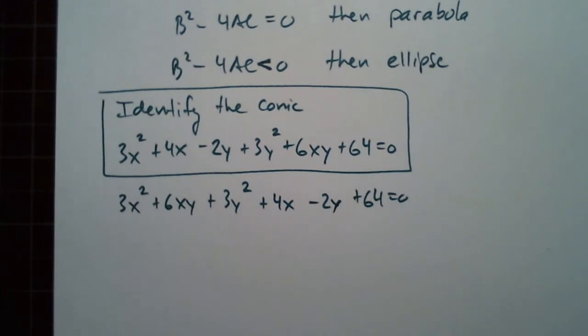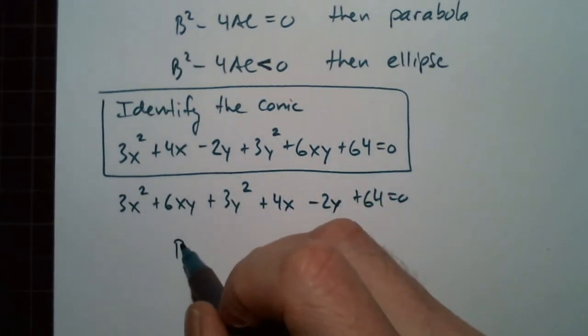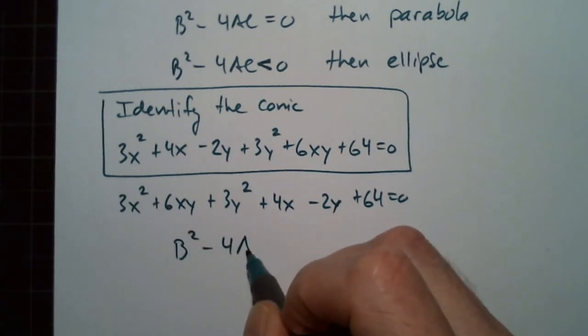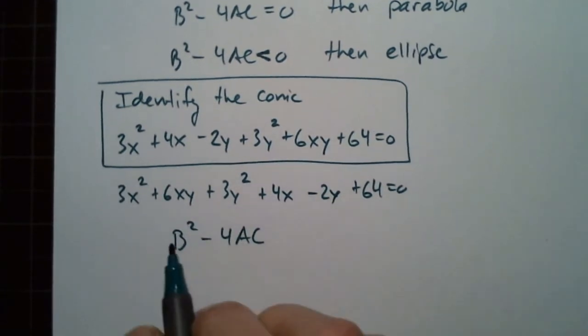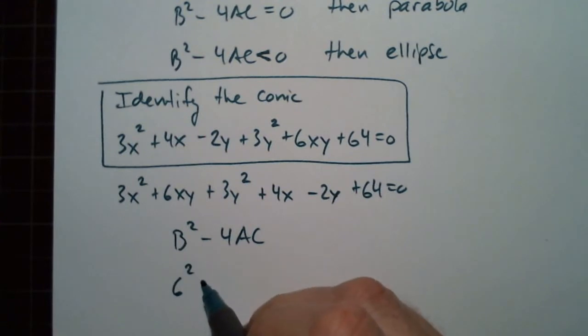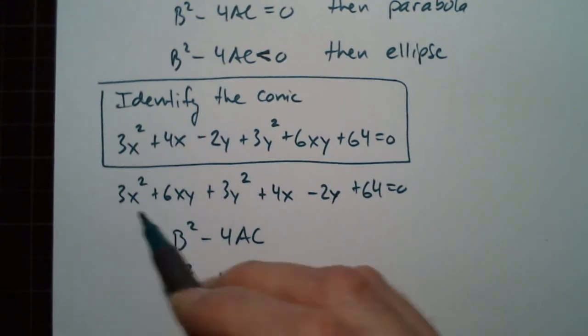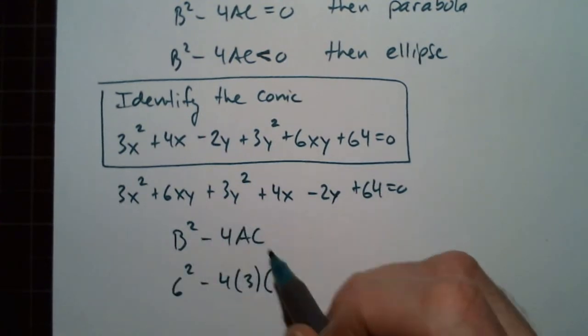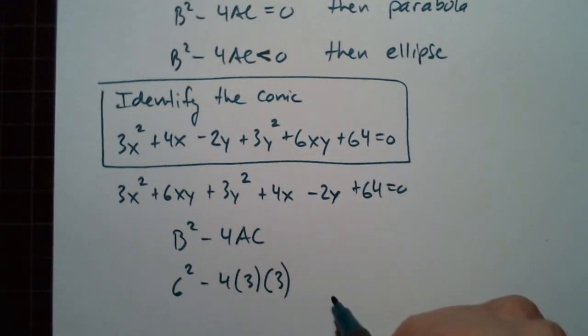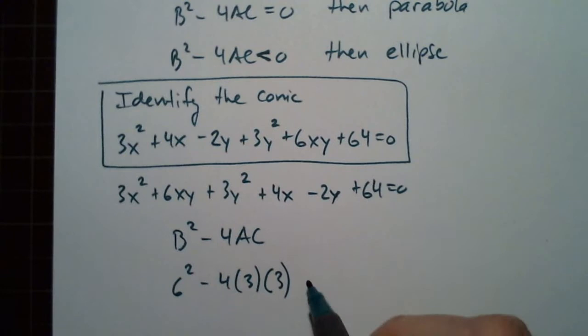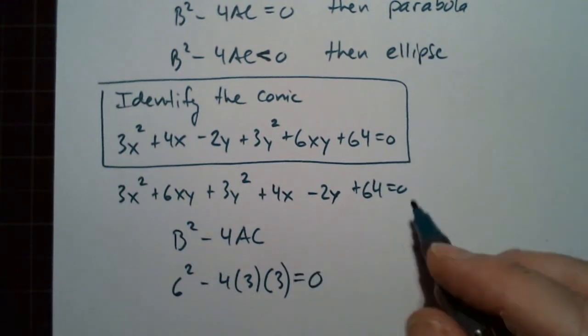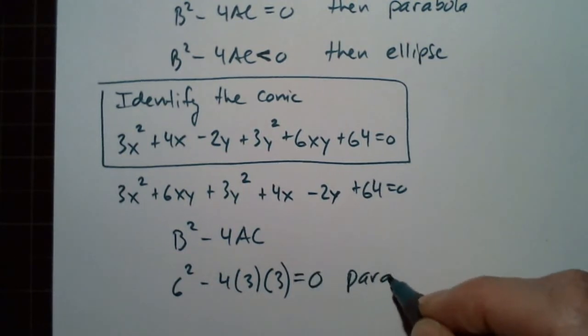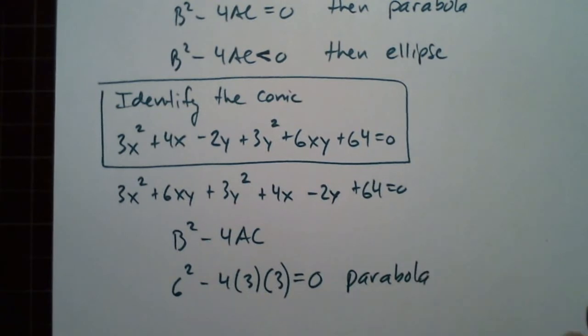And we have B squared minus 4AC with B being 6, A is 3, C is 3, and 36 minus 36 equals 0, so it is a parabola.